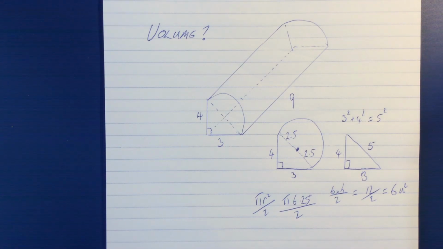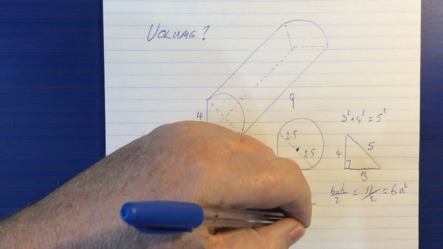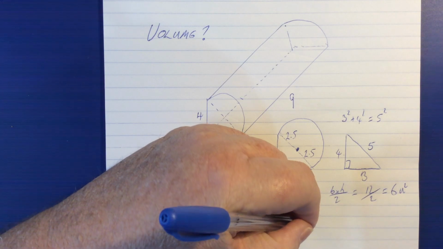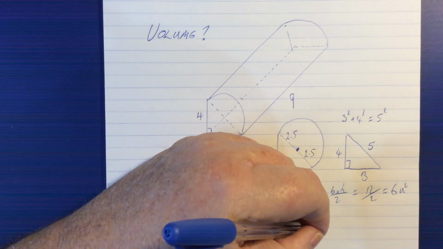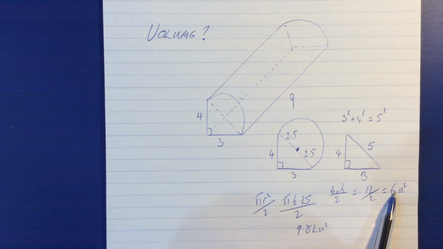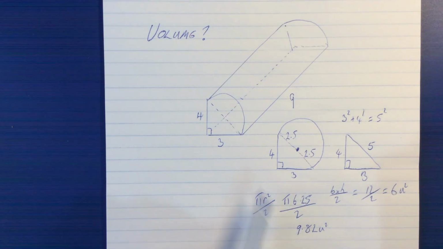Pi times 6.25 divided by 2 is, I'll write it down here, 9.82 units squared.